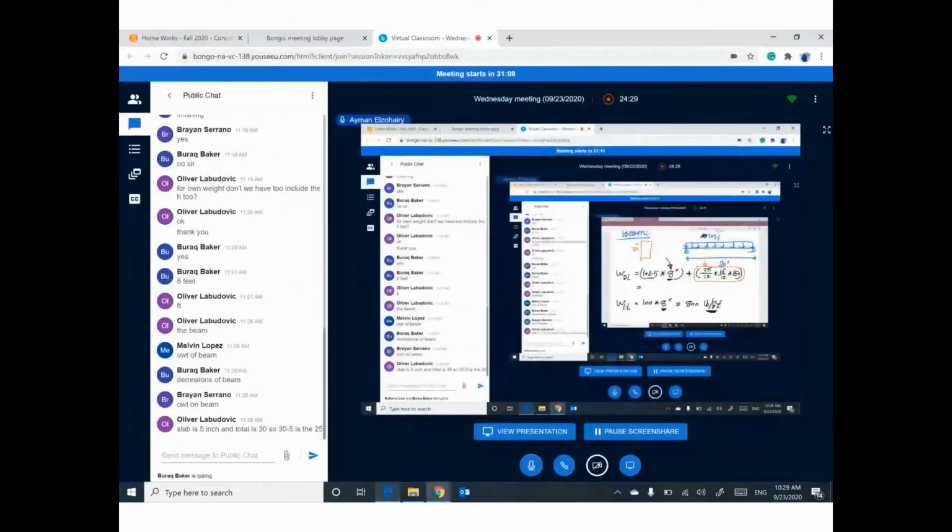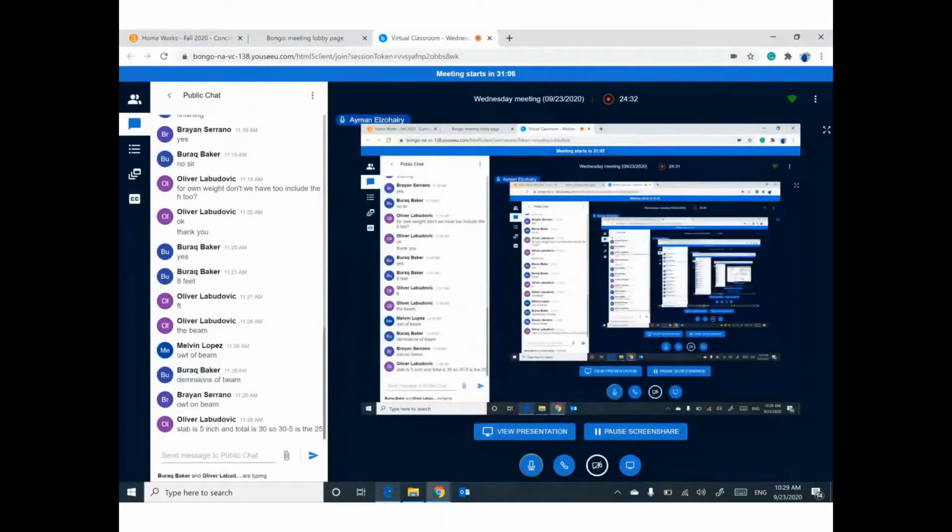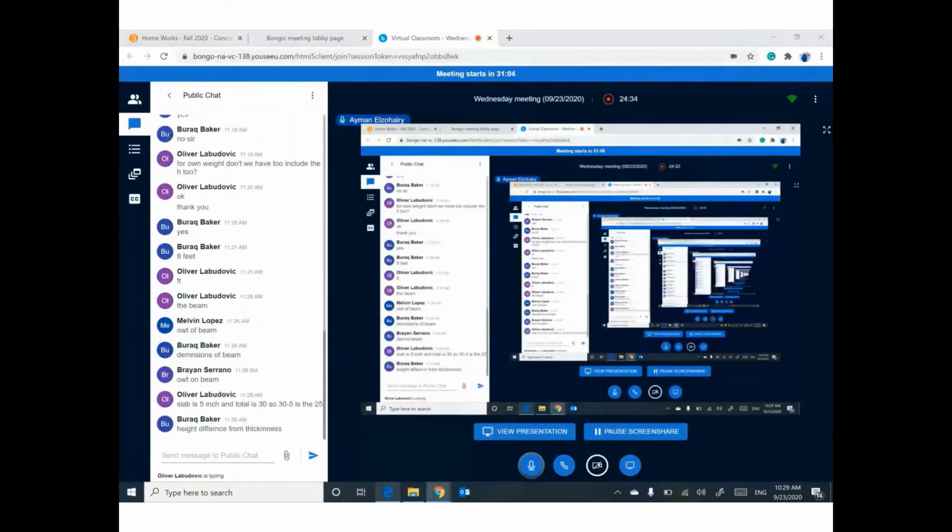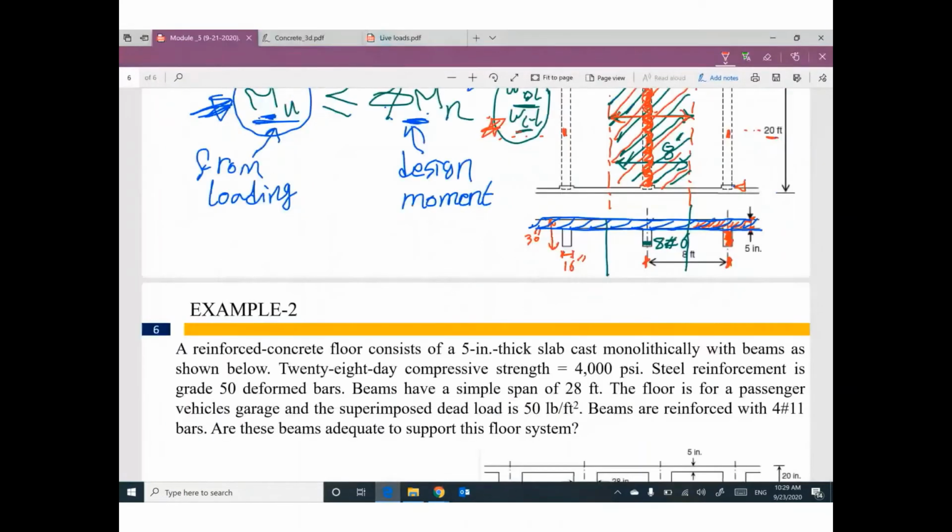Perfect. Thank you, Oliver. Yeah, it's the remaining of your first question. Guys, if you go back, the on weight of the slab includes all of this thickness. We still have part of the beam, which is this one. The overall depth of the beam coming from up to down is 30 inch, and this thickness is 5 inch.